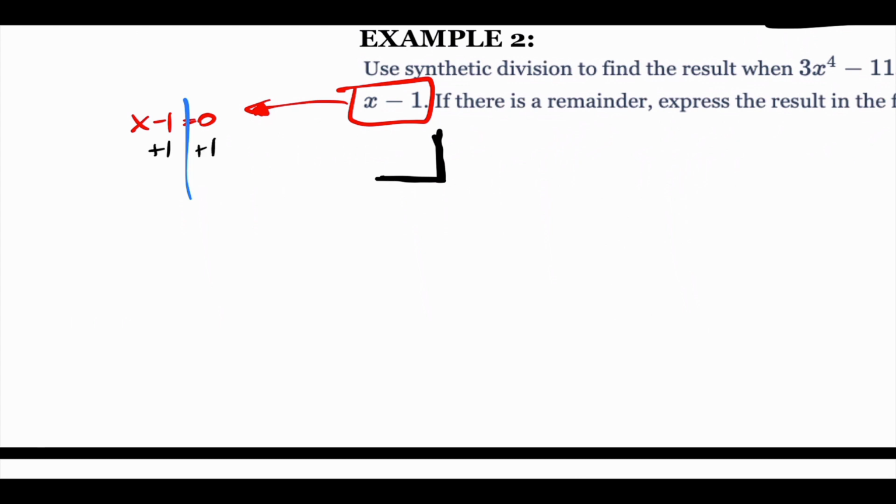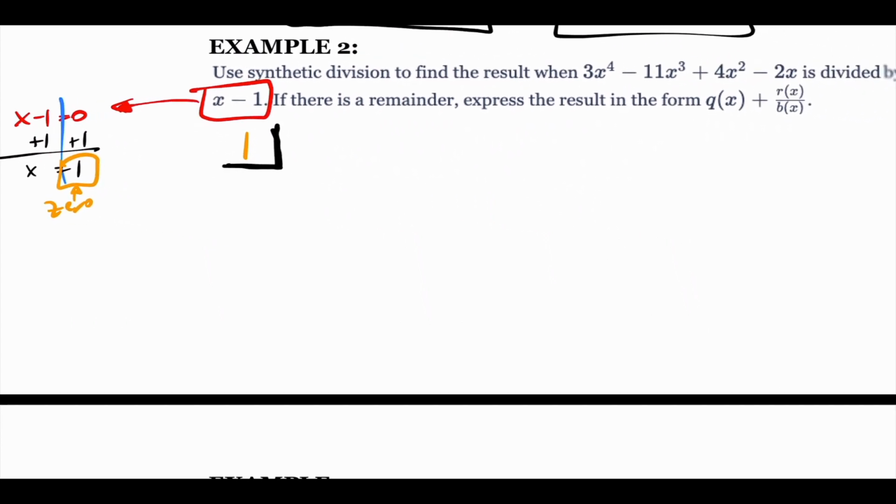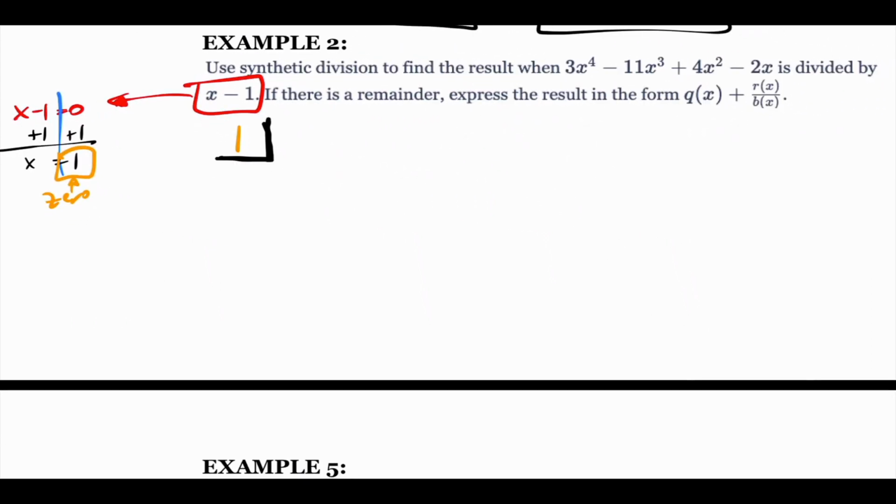Add 1 to both sides. That's where we get 1. Okay, that's how we get positive 1.